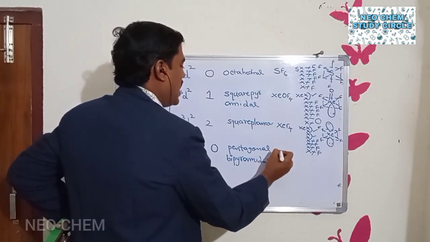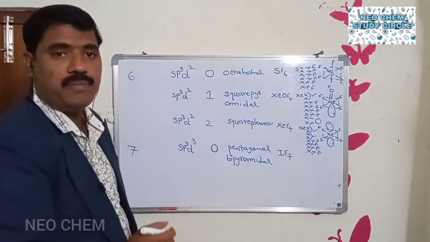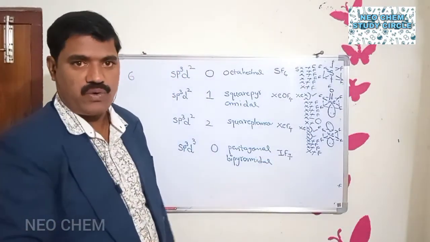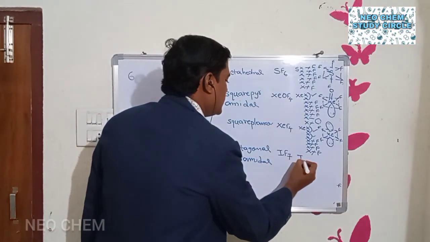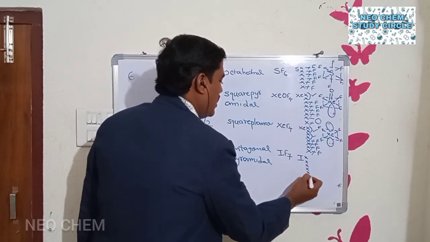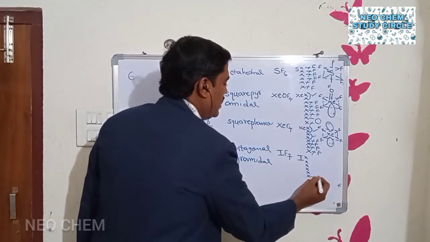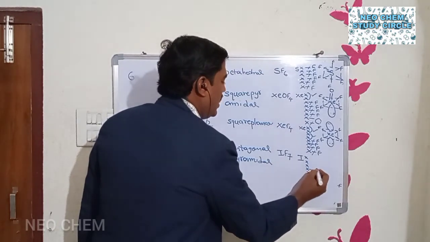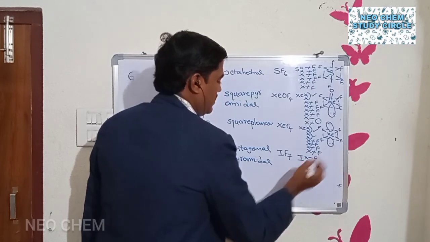Example is iodine heptafluoride. Here the central atom is iodine, which belongs to the 7th A group, so we should write 7 valency electrons beside the iodine. Next there are 7 fluoro groups: 1, 2, 3, 4, 5, 6, 7.